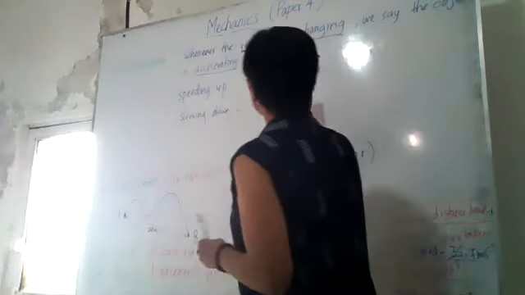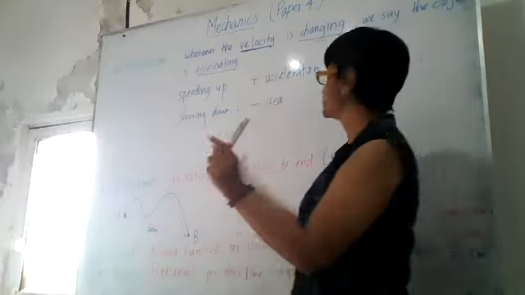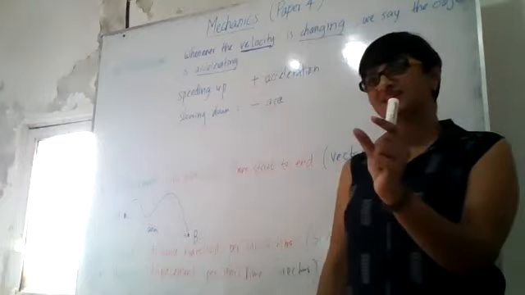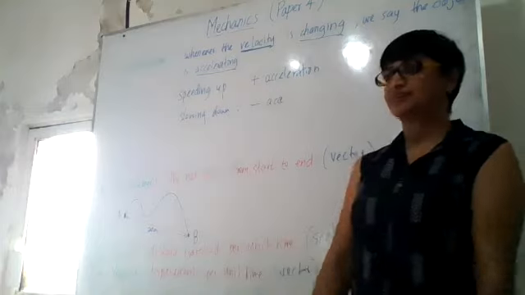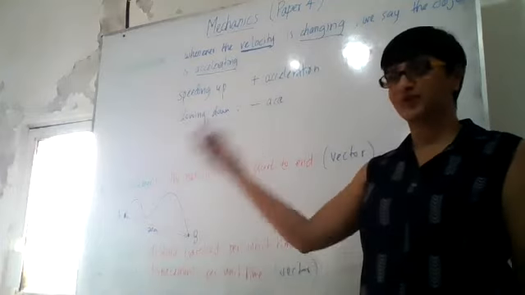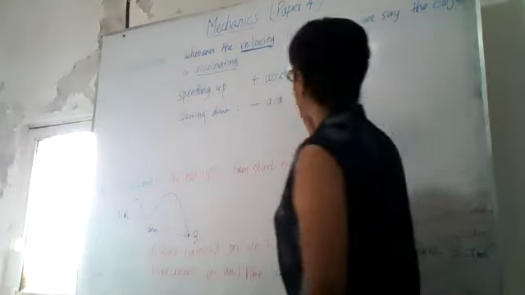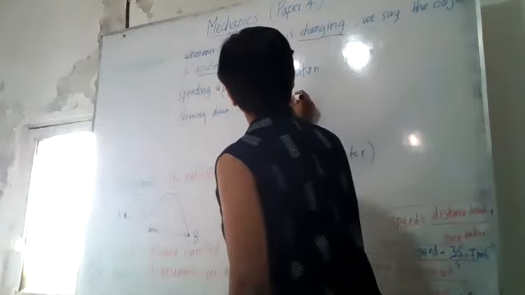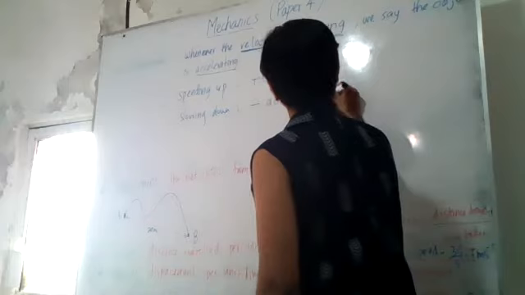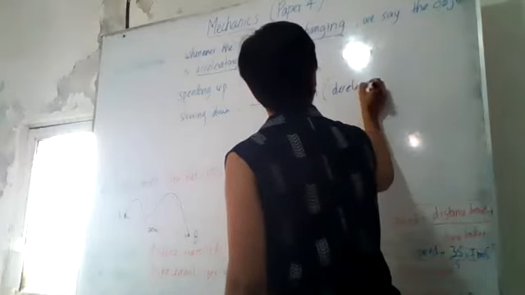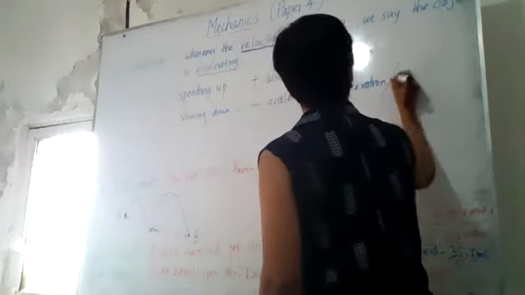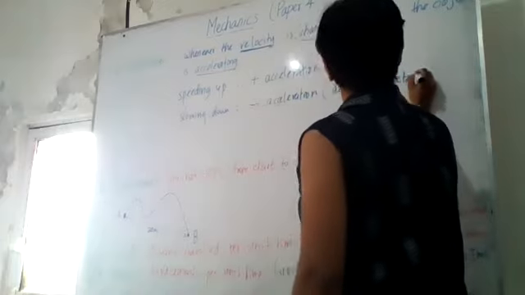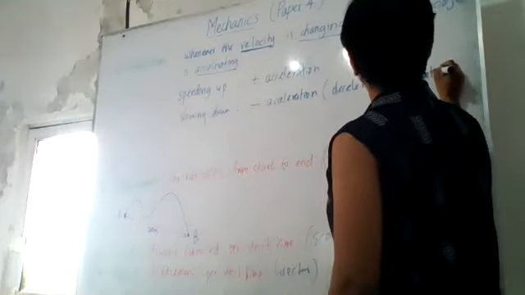If you want to stick to just the word acceleration, you can use a sign to say whether it is speeding up or slowing down. If you want, you can use that separate word, retardation. Or we have two words, deceleration or retardation.